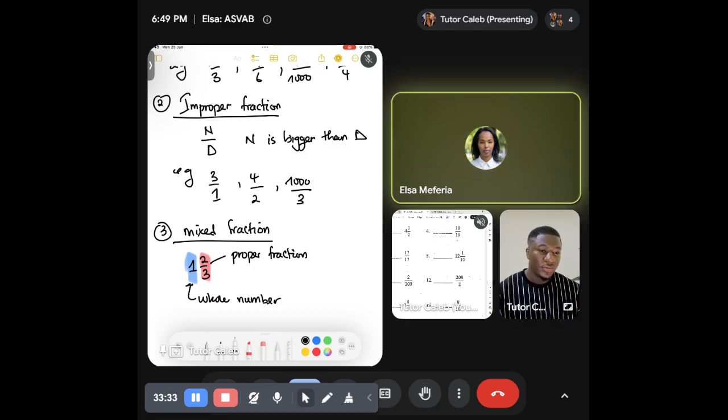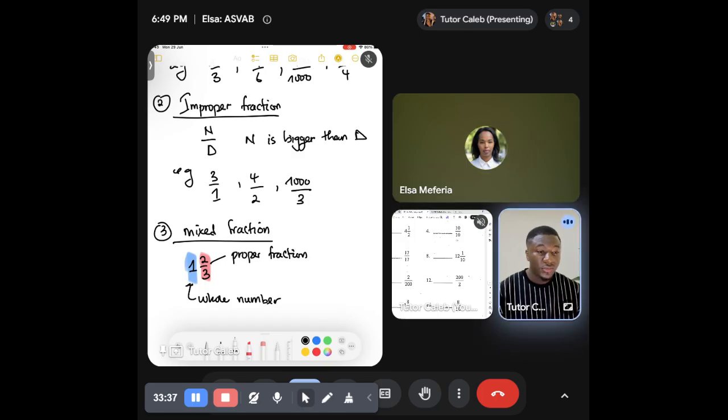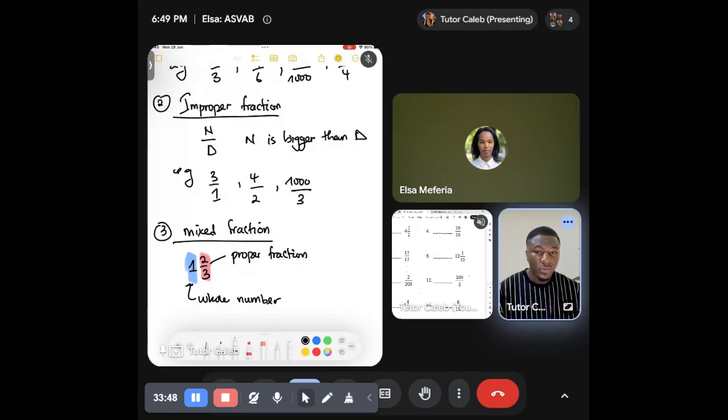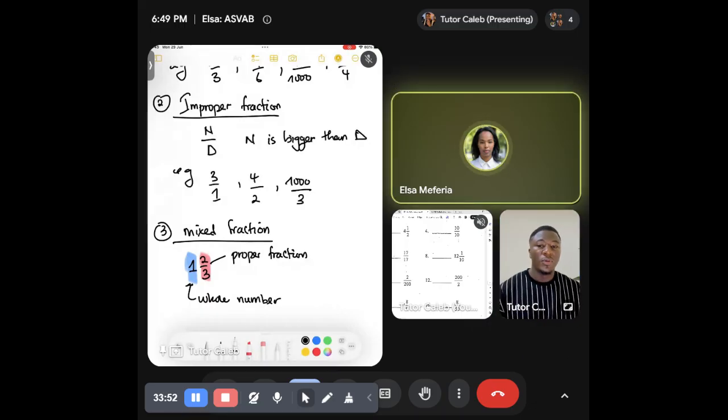It's equivalent. You divide, so 10 divided by 10 equals one, right? Oh my God.